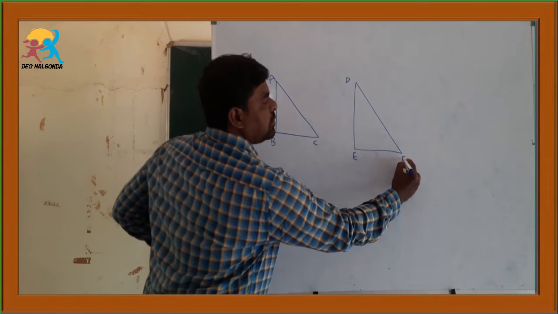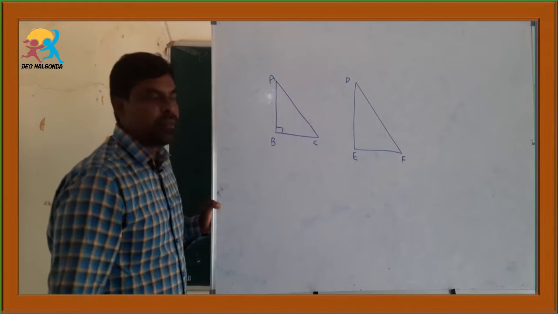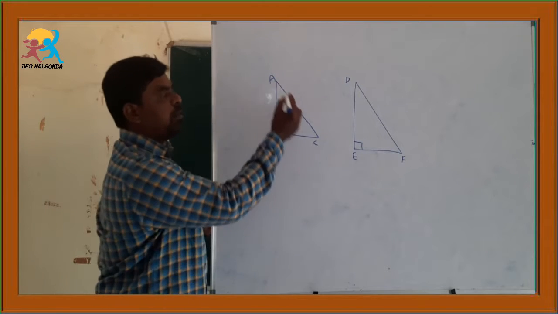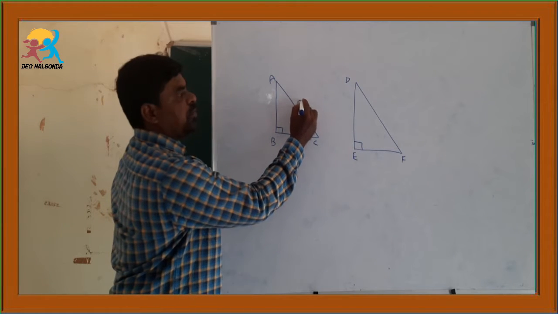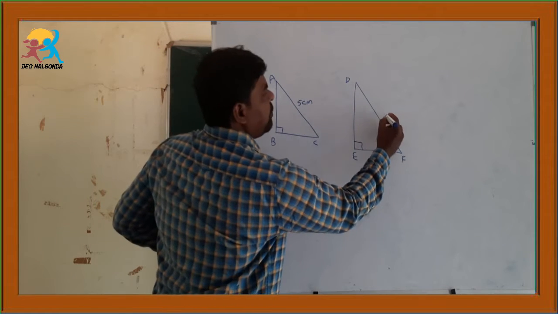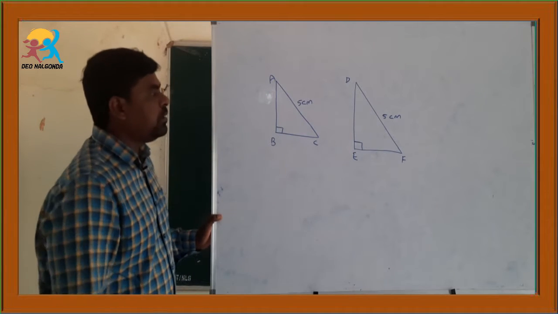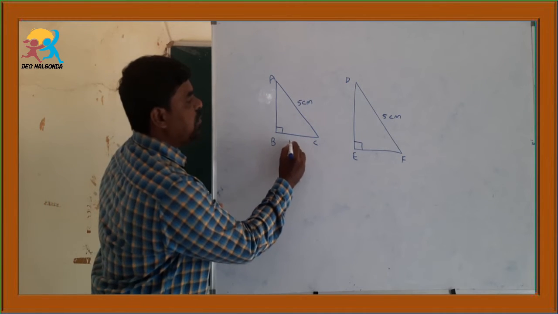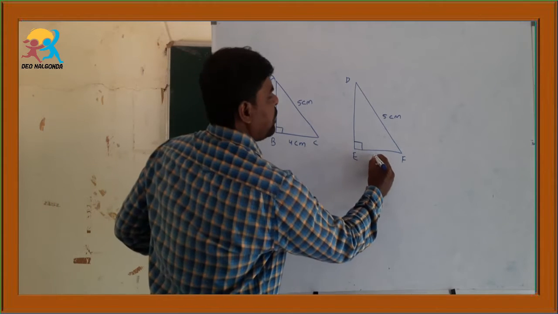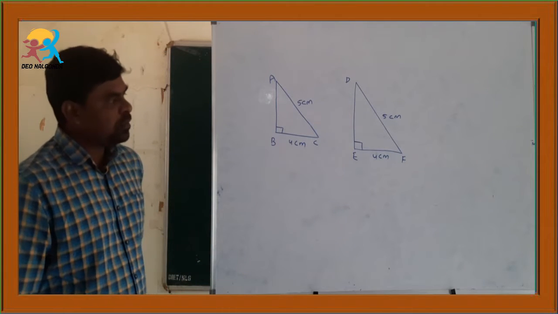In these two triangles, angle B is 90 degrees and angle E is 90 degrees, and the measure of AC is given, that is 5 centimeters, and the measure of DF is given, that is also 5 centimeters, and the side BC is 4 centimeters. In this triangle DEF, EF is having the measure of 4 centimeters.